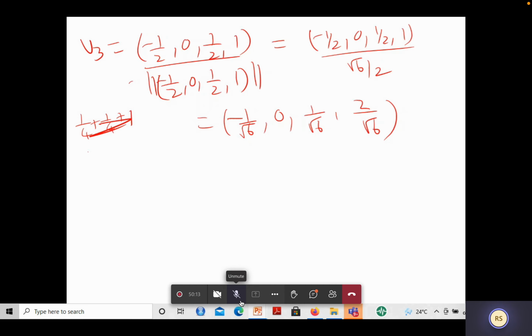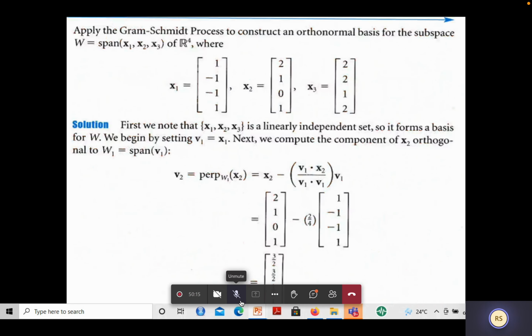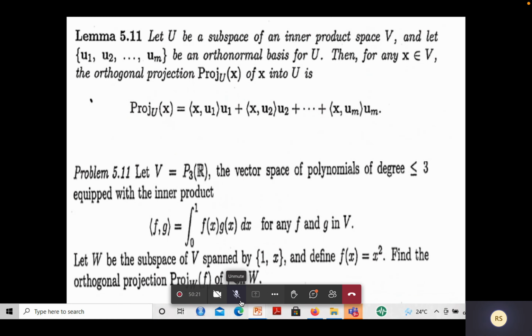I am going back to projection. I showed you a formula yesterday. Read this lemma. Let U be a subspace of an inner product space V, and let U1, U2, up to Um be an orthonormal basis for U. V is a bigger space, U is a subspace of that, and it has an orthonormal basis.